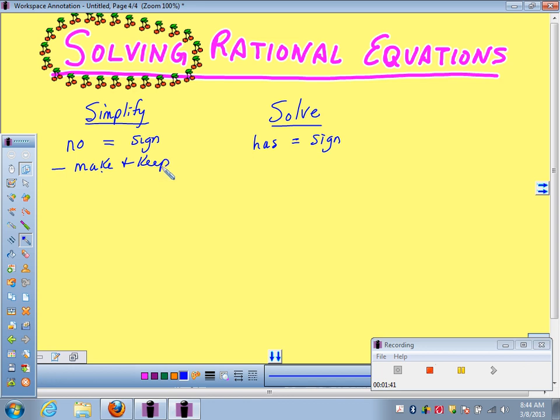When we solve, we're going to get rid of the denominators completely. It's going to be better, trust me.